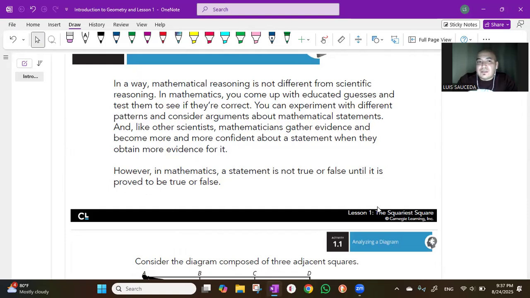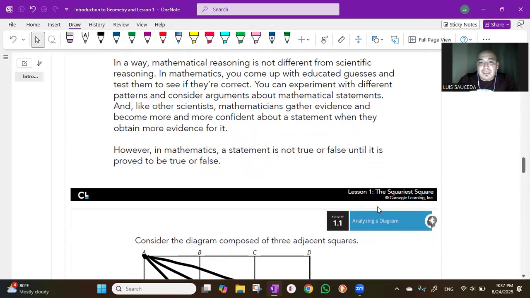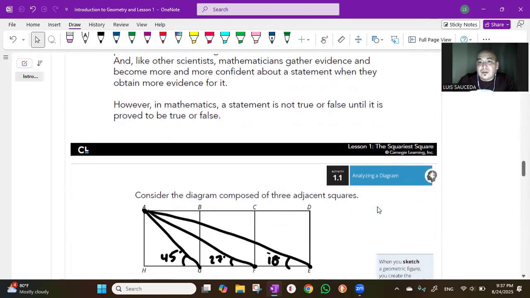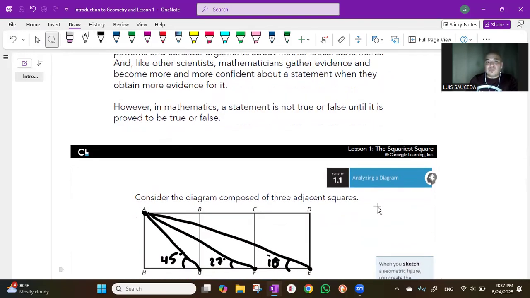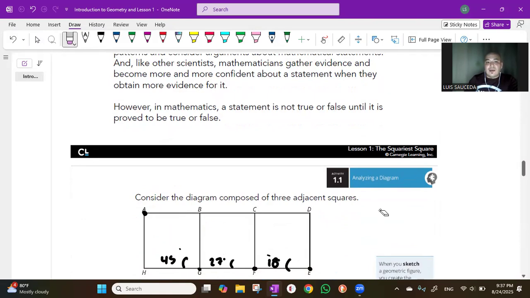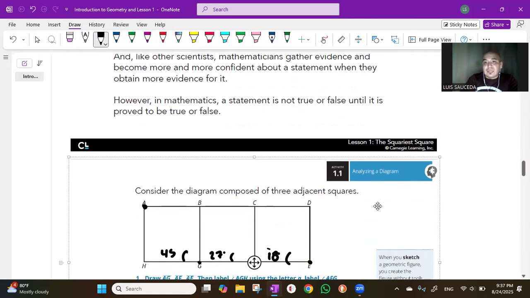You can experiment with different patterns and consider arguments about mathematical statements. And like other sciences, mathematicians gather evidence and become more and more confident about a statement when they obtain more evidence for it. However, in mathematics, a statement is not true or false until it is proved to be true or false. So we need to keep that in mind.